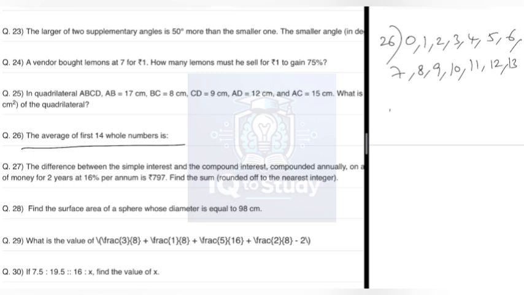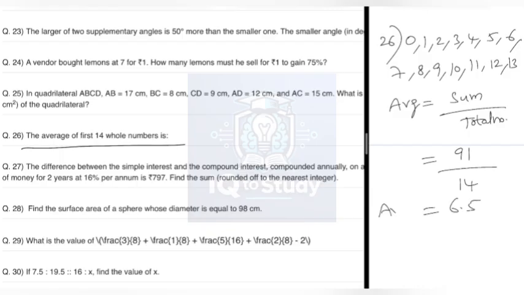We know that average is equal to the sum of all numbers by total numbers. The sum of all numbers above is equal to 91 and the total numbers is 14. So 91 by 14, which is equal to 6.5, is the average.